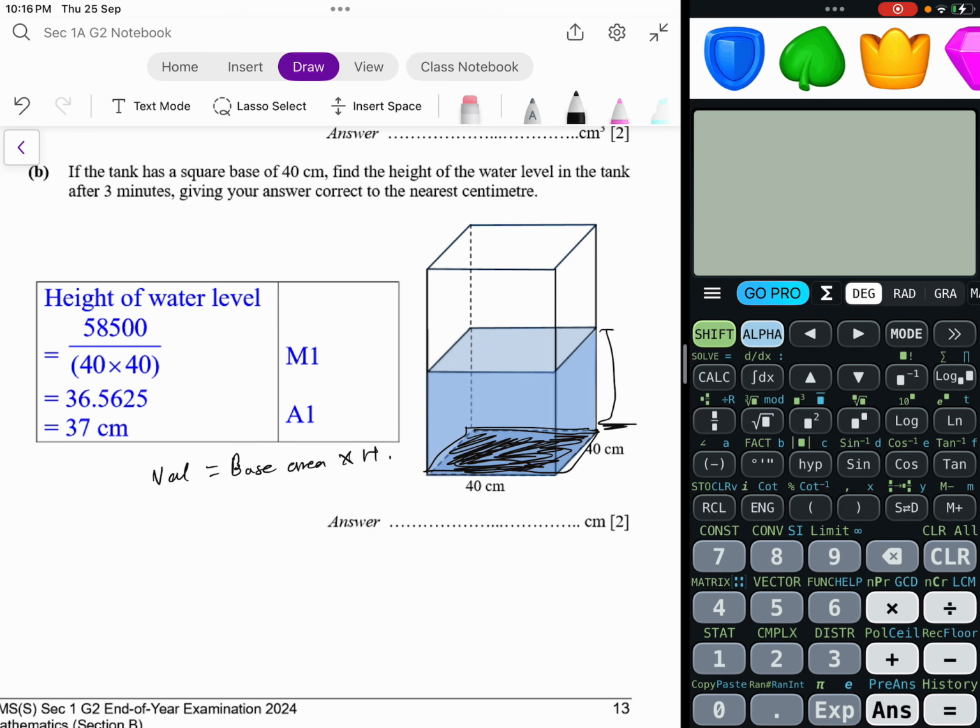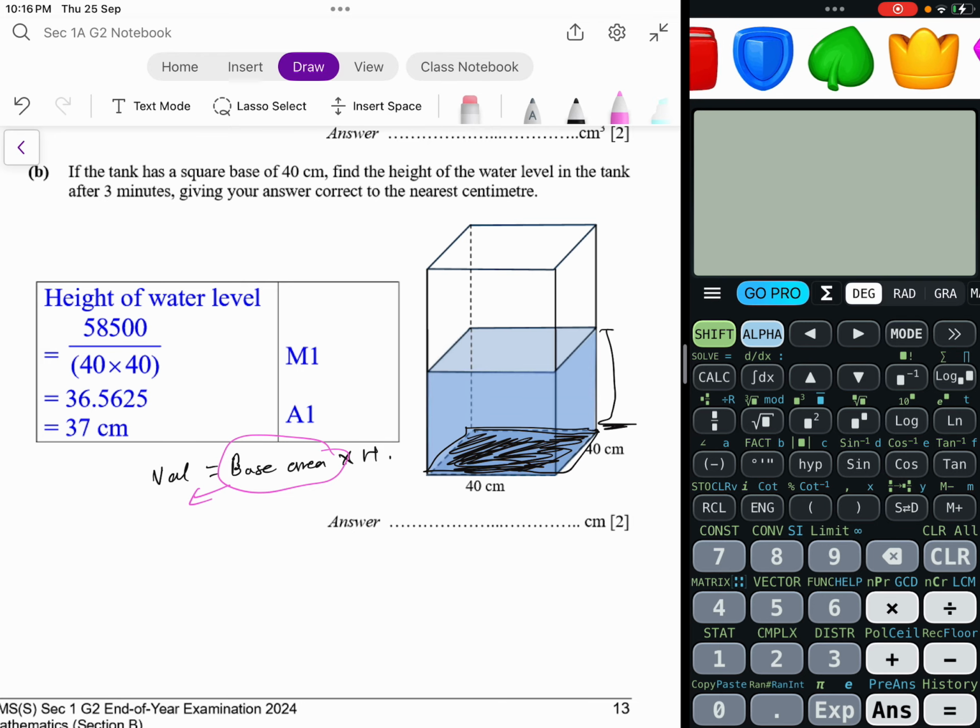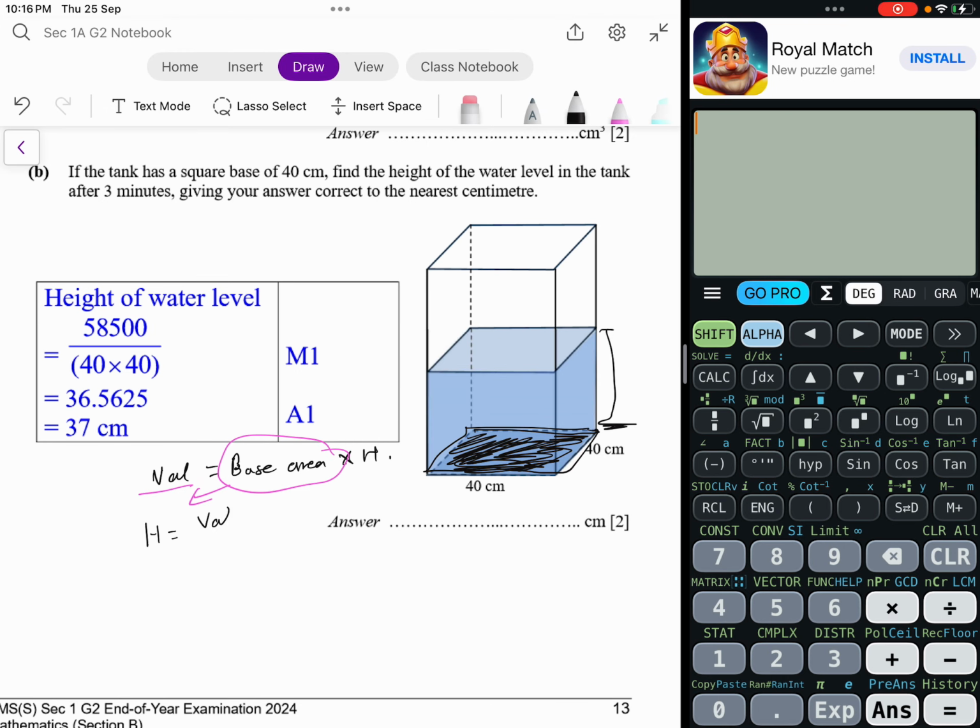So when you bring this over, change side, times becomes divide, right? So your height is volume divided by base area.